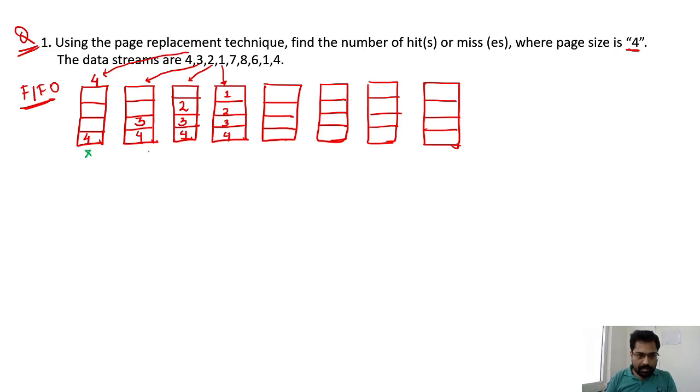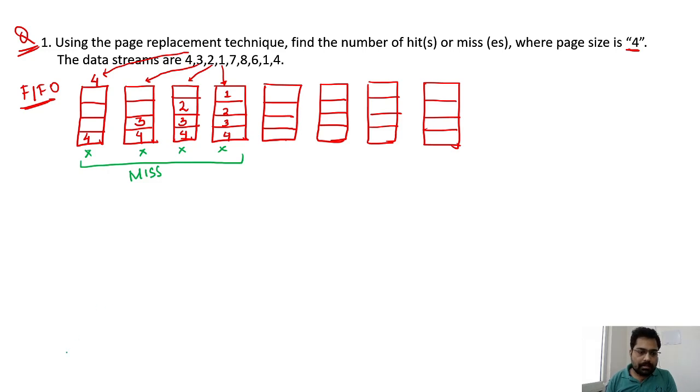Because nothing is there, so I must say it is a miss for us. This miss is called as compulsory miss.